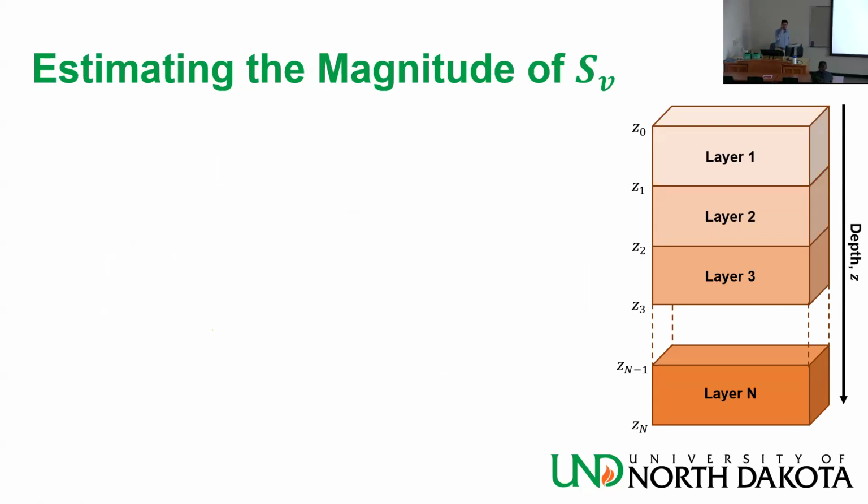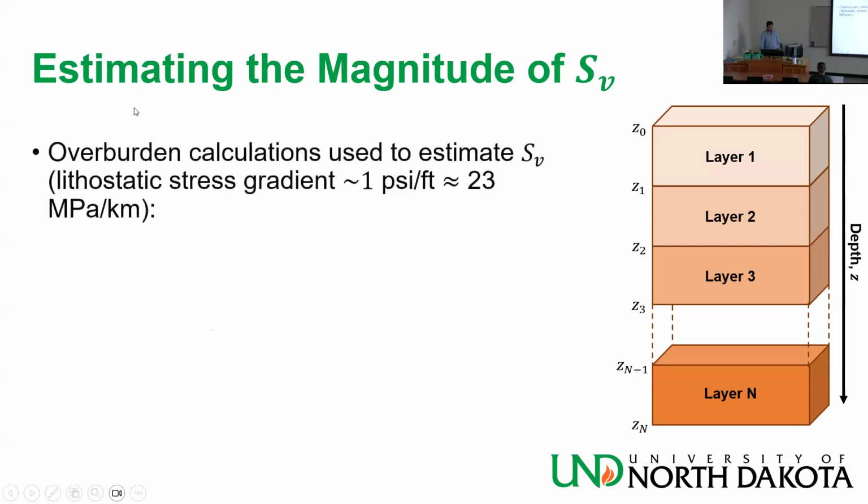How do we quantify the magnitude of these stresses in the field, in application? We are going to start with the easiest one, concept-wise, which is SV, the overburden stress.